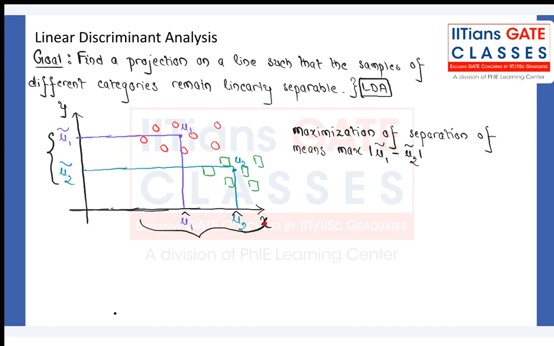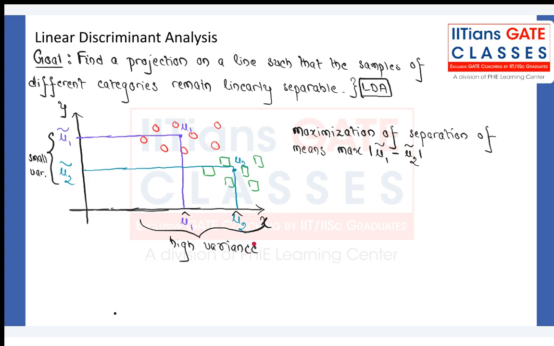Now, the smaller the variance, the better it will be linearly separable. So we also want to consider variance here to some extent. To some extent, meaning we still want to maximize the separation between the means of the two classes so that they are maximally far apart.